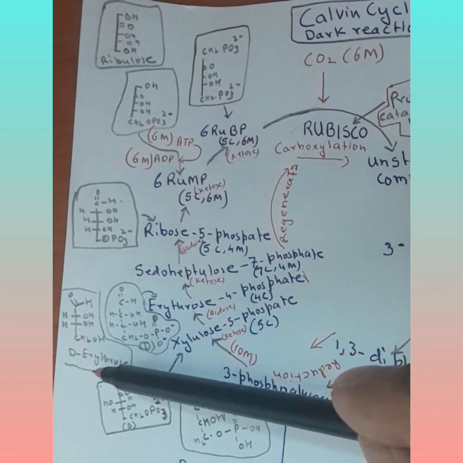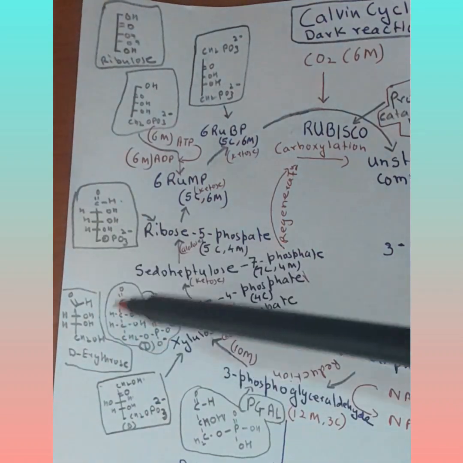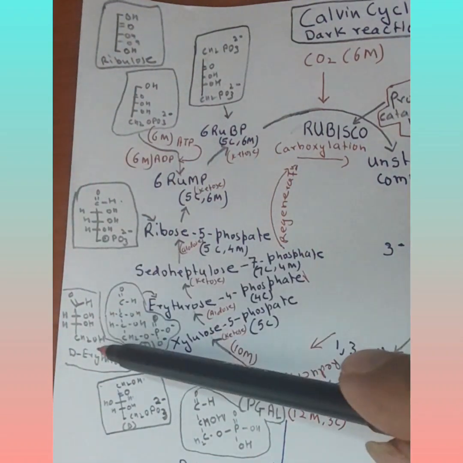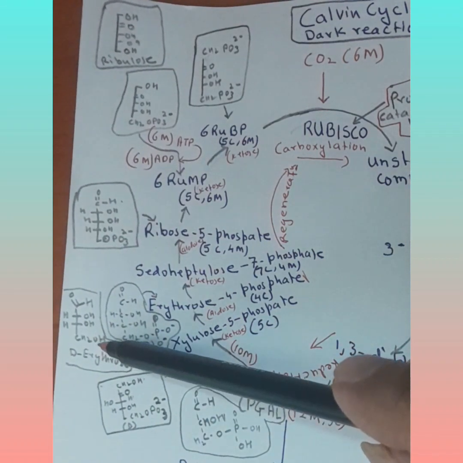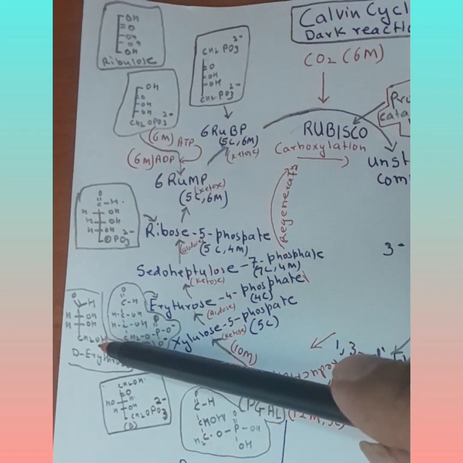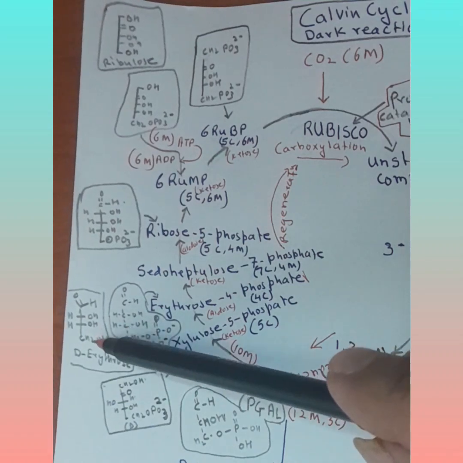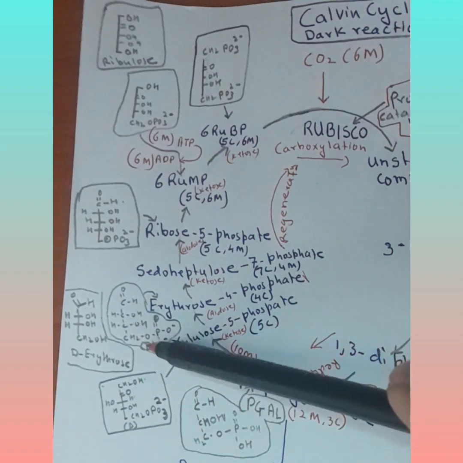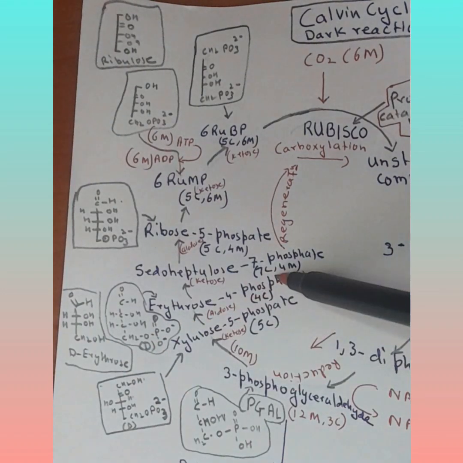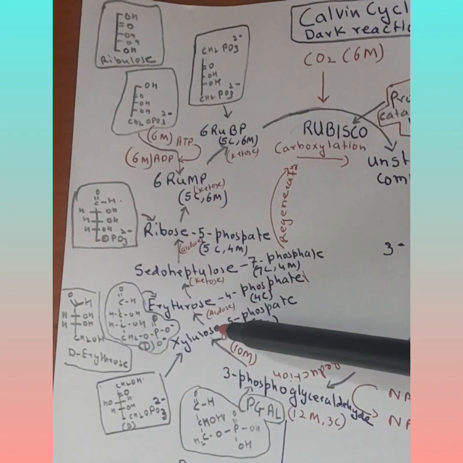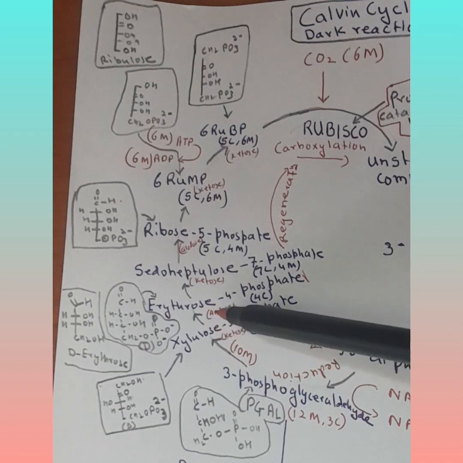So this is D-erythrose, which is moving forward. Alright, D-erythrose has got phosphate in the 4th position, so it is erythrose 4-phosphate.